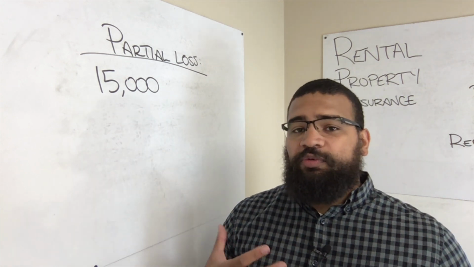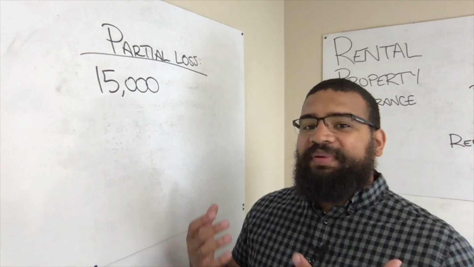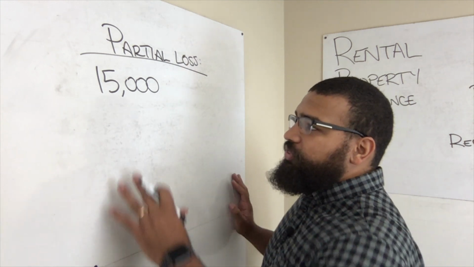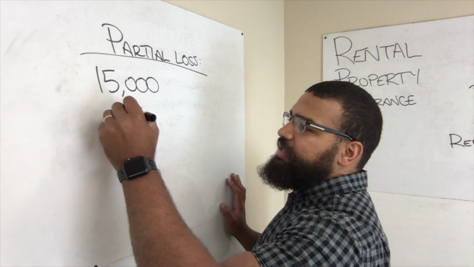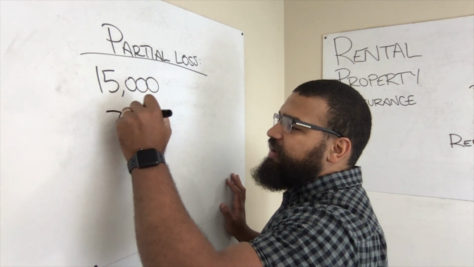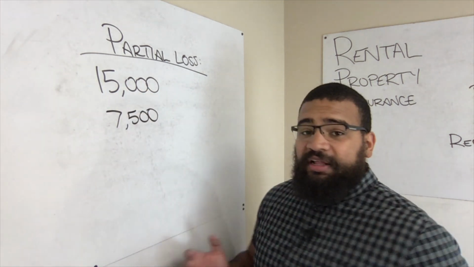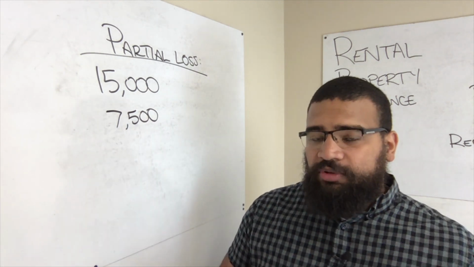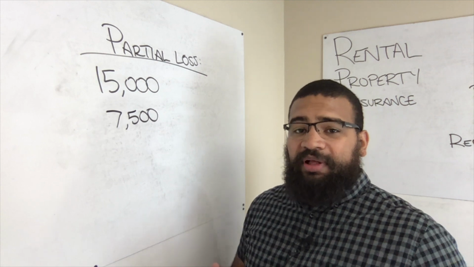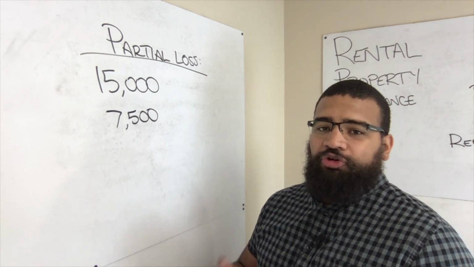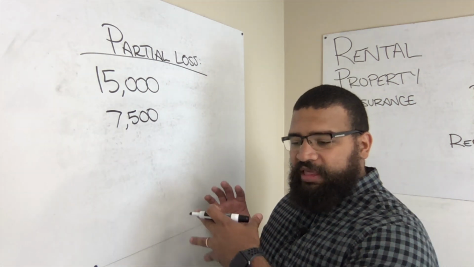Let's use my building, for example, and let's say that it's built in the 1900s. So they're going to depreciate this amount by 50%. So now you're looking at $7,500. But you've also got your deductible. I encourage a lot of people to get a $2,500 deductible. I think that's the sweet spot. If you go to $5,000, it doesn't really make that much of a discount.